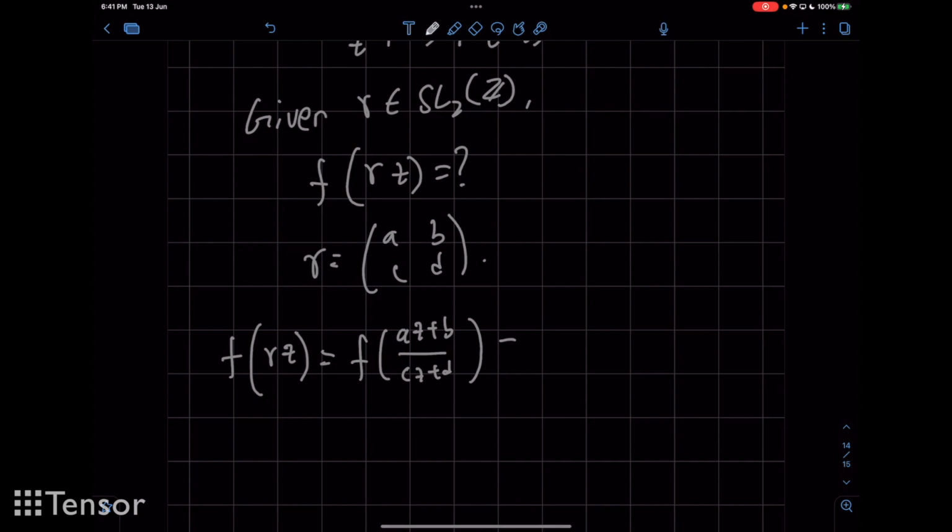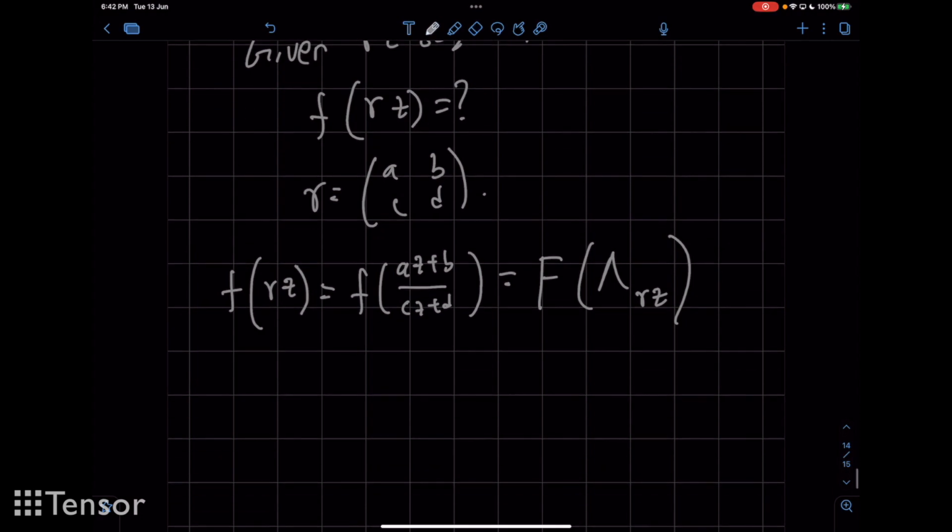And this is equal to, let's say, capital F of this lattice. I'm not writing the whole expression of the rational function here, so I'm just keeping it like this. Now, what is this lattice? This lattice is generated by two complex numbers, right? What are those two complex numbers?